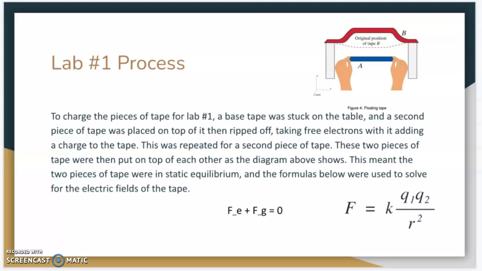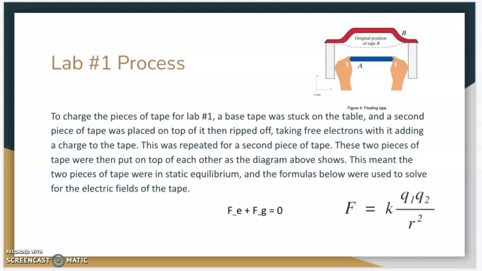To charge the pieces of tape for lab 1, we first made a base tape and stuck it on the table, and then took a second piece of tape and placed it on top of the base tape. We then ripped the second piece of tape off, pulling up free electrons with it, adding charge to that top tape.